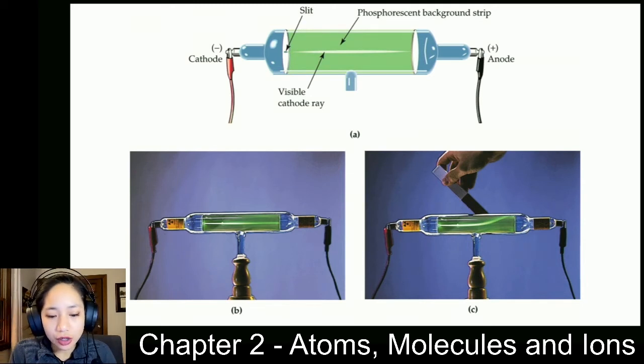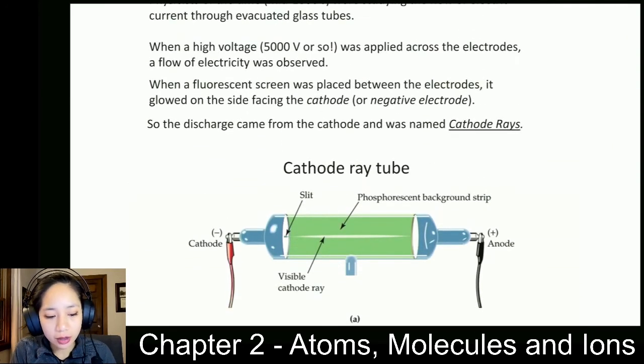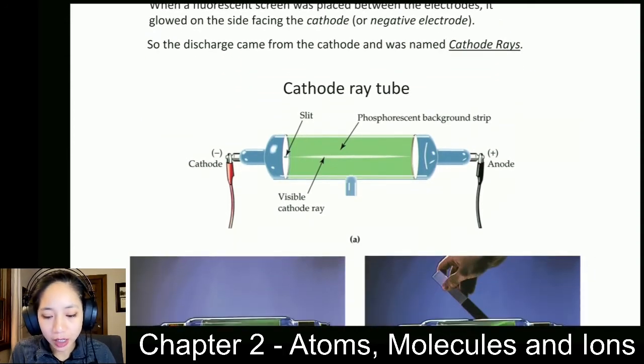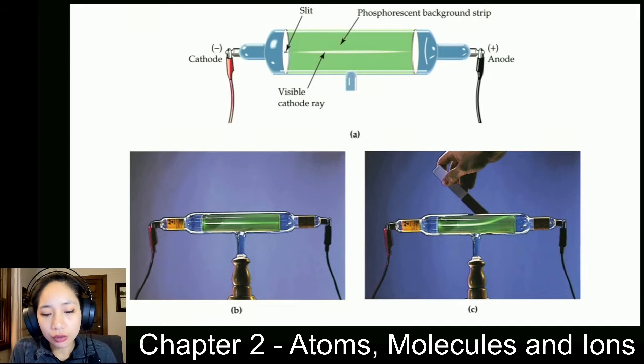So you see that we have a stream of electrons coming from the cathode. That's why they call it a cathode ray tube, because the discharge was coming from the cathode, going to the anode. The phosphorescent strip within the tube was just so you were able to see the electrons. So that's what you see here: the stream of electrons going from either electrode.